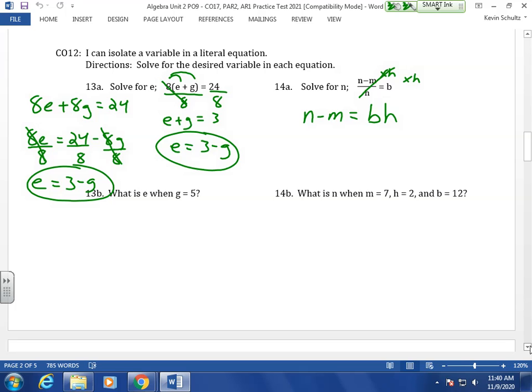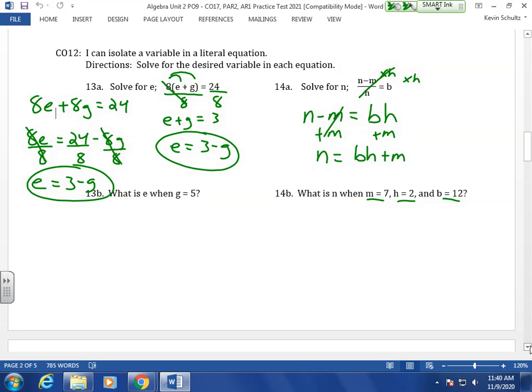And then we add m to both sides to get n by itself. On the right side, we get bh plus m. Can't combine anything. It's all variables. But if we knew what b, h, and m are, which I give you values for in 14 part b, you can plug them in to solve for n. So it's still opposite operations. It's just more variable heavy.